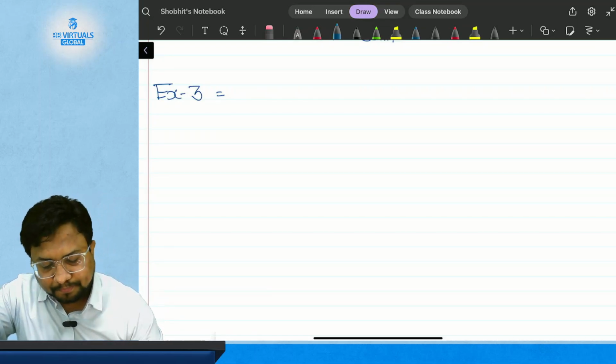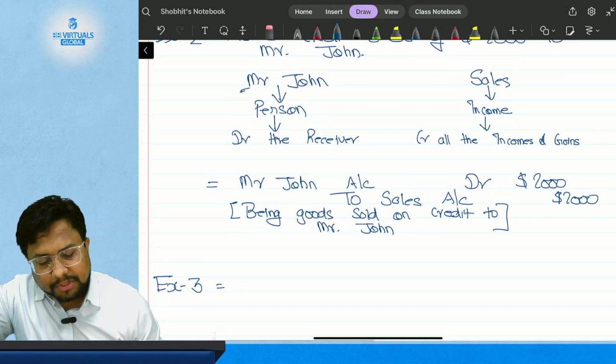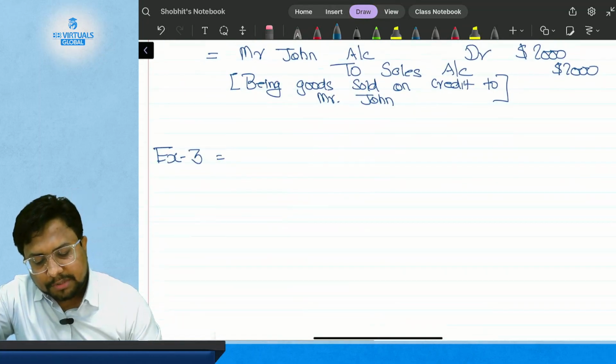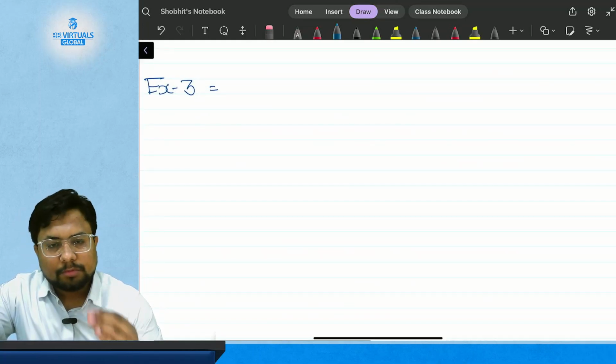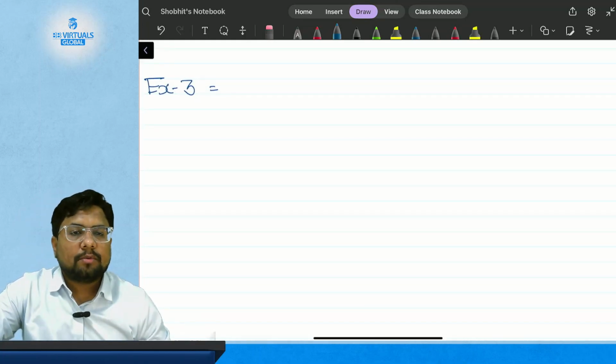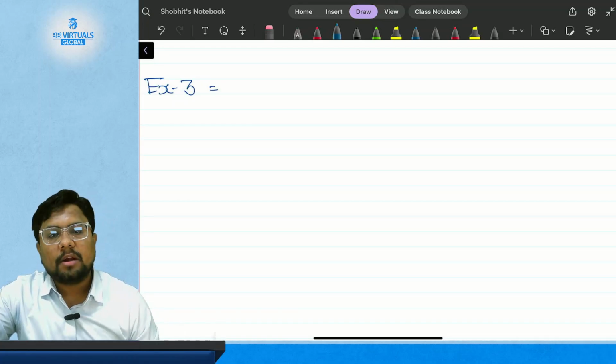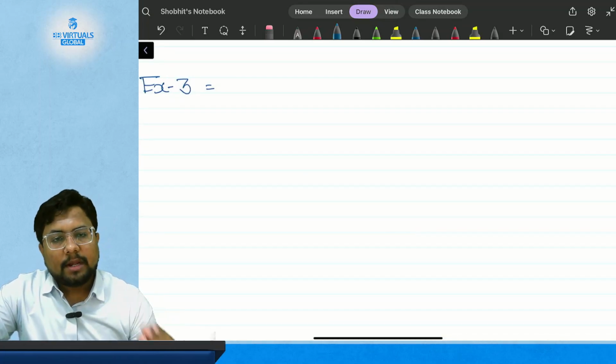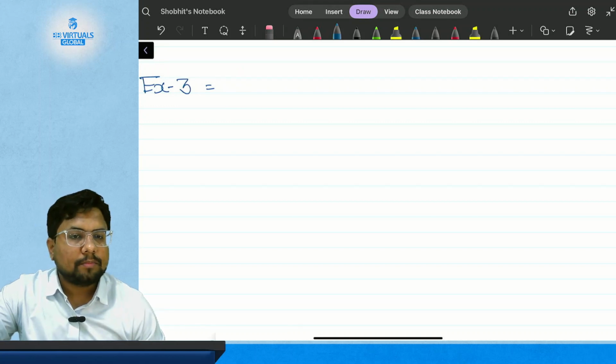So suppose in illustration number 2, who have sold goods on credit? Mr. John. So in illustration 3, let's suppose Mr. John has found out that some of the goods which I sold to him are defective, and he has decided to return some of the goods.